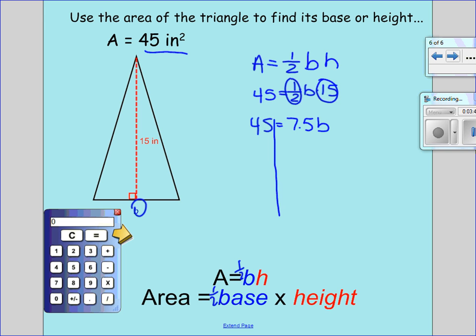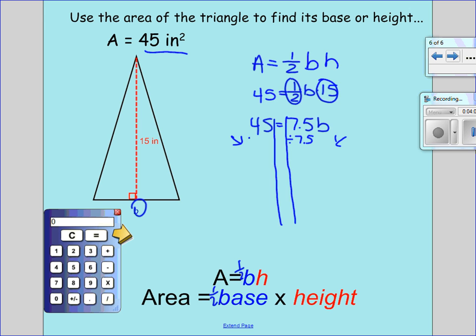Now we can make our train tracks because we've combined our like terms. Our goal is to get b, or our variable, by itself. And whatever we do to one side, we have to do to the other. So if 7.5 times b is what's on this side, and we don't want the times 7.5, we have to do the opposite of multiplying by 7.5, and that's dividing by 7.5.